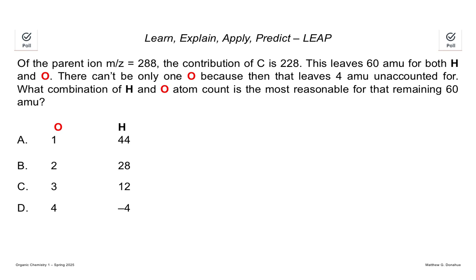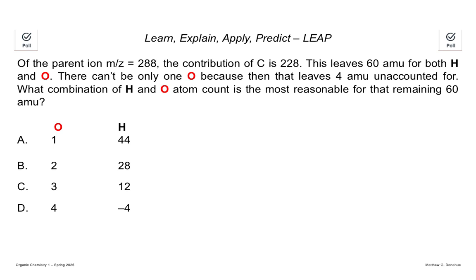That's the number you're seeing in the hydrogen column. So which one of these do you think makes the most sense? 2 and 28. So that's going to be the right answer. I mean, we already know what the molecular formula is, but this just shows you how we bracket it.